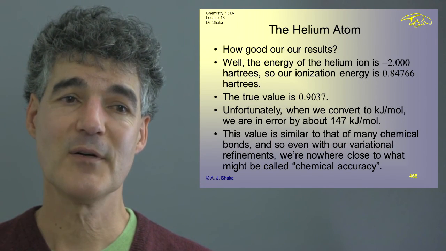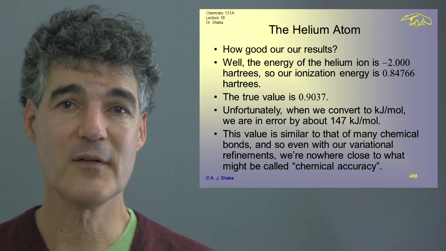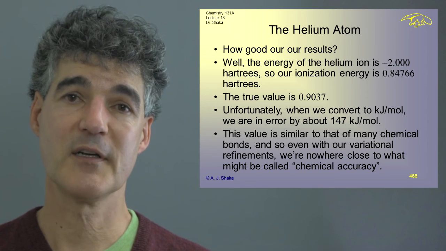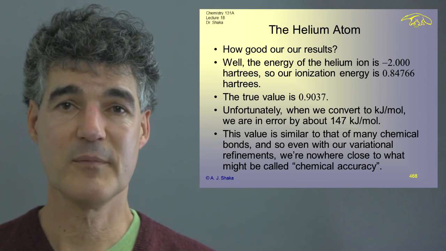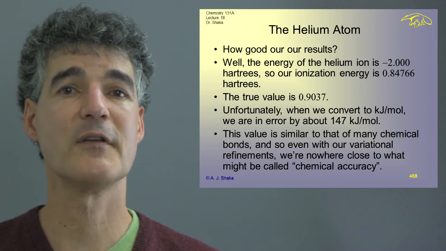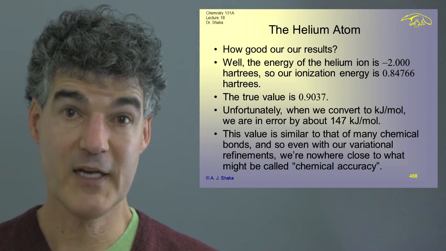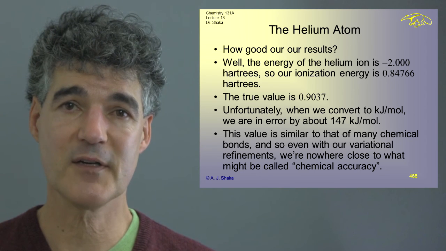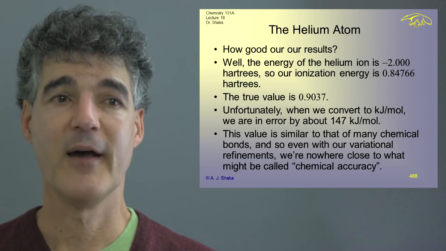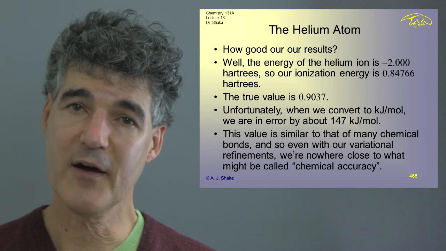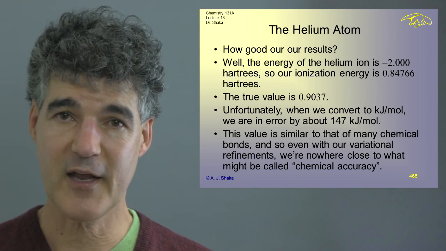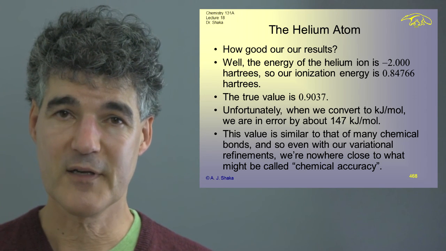But the real question is, well, how good are our results in terms of something that a chemist might be interested in? Could we calculate, with this kind of approach, something accurately enough that somebody would really invest money in some scheme based on that calculation? And the answer is no. The energy of the helium ion is minus 2 Hartree, because it's just like a hydrogen atom, but with a different charge.